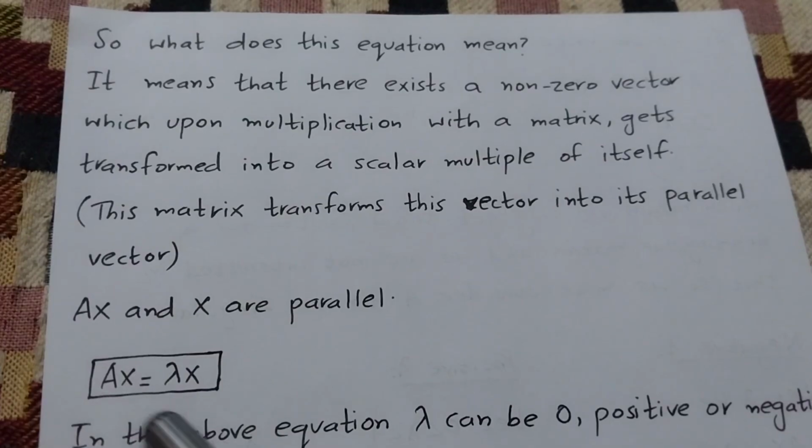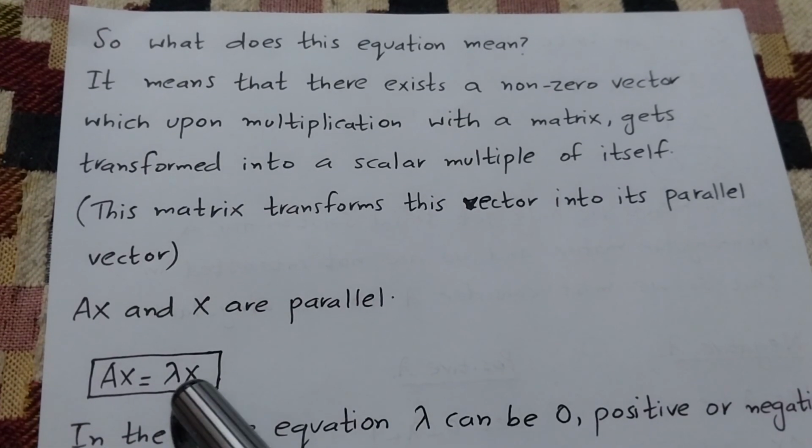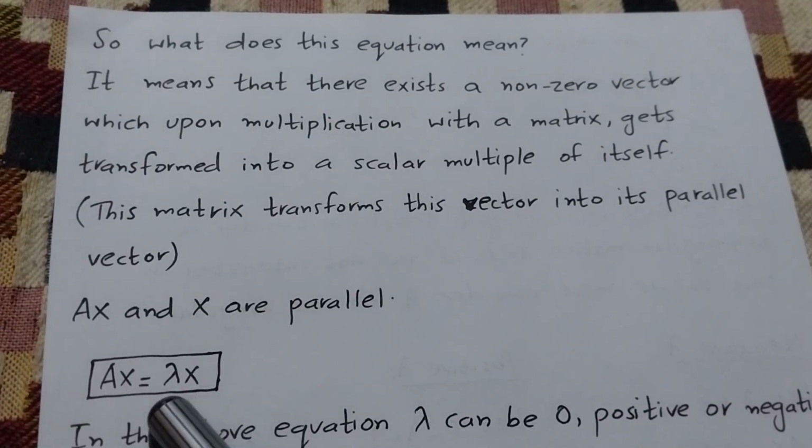What the meaning of this equation is that a non-zero vector, when it is multiplied by a matrix, is converted into a scalar multiple of itself.